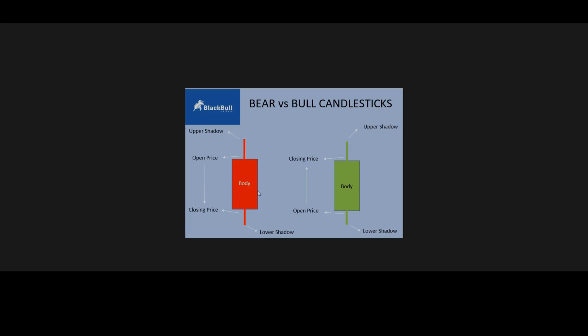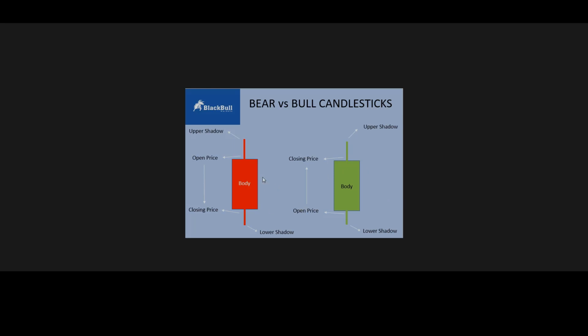The box in the middle is called the body, which represents the difference in opening and closing during that time frame. So you'll see the opening price and closing price are swapped around between those two candles, and I'll explain why. The most integral part for analysis is actually looking at the differences between the opening and the close.